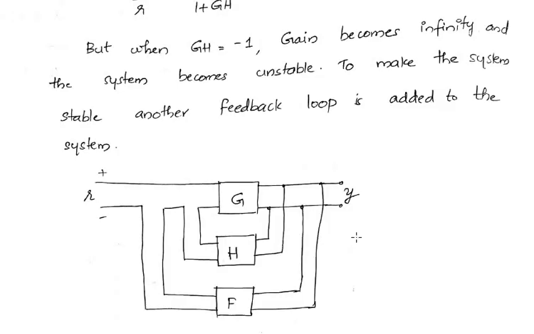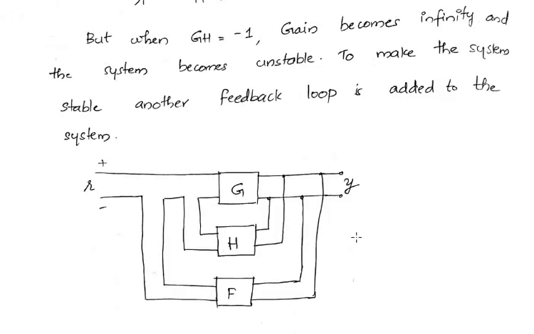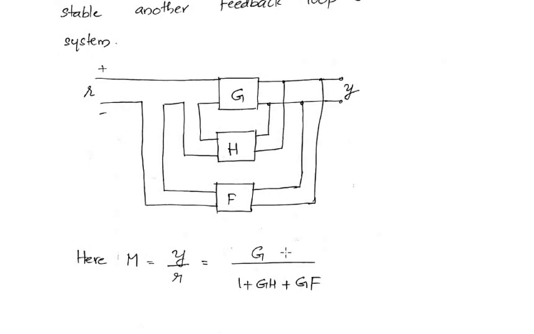So if such a feedback loop is introduced in the system, the overall gain will change and now it will become G by 1 plus GH plus GF. So now even if GH equal to minus 1, there is no issue because we have a term GF in the denominator, and this GF will ensure that the denominator part never becomes 0.